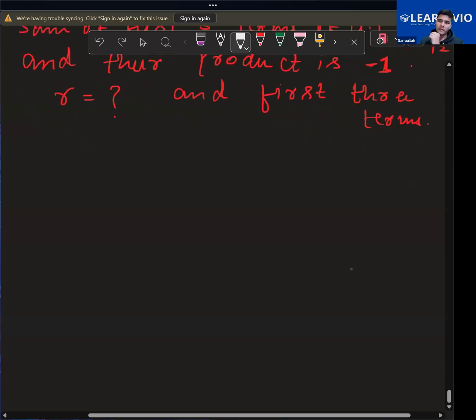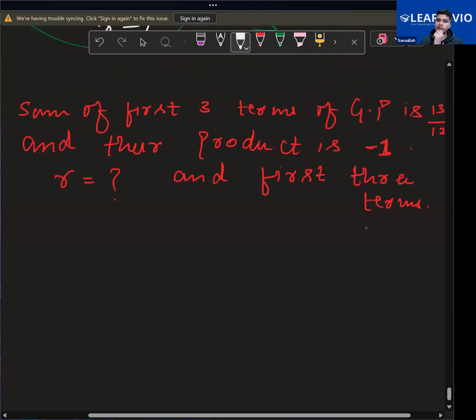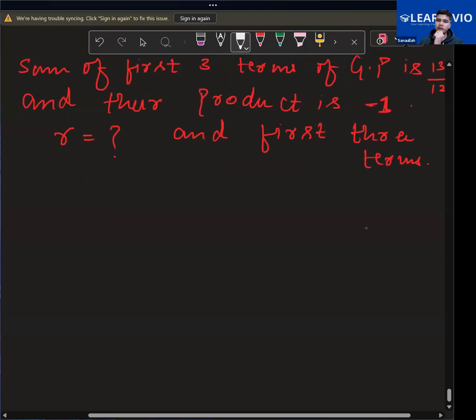In geometric progression, whenever you have a question like the sum of the first three terms, in that case you have to consider those terms. So how are you going to consider them?